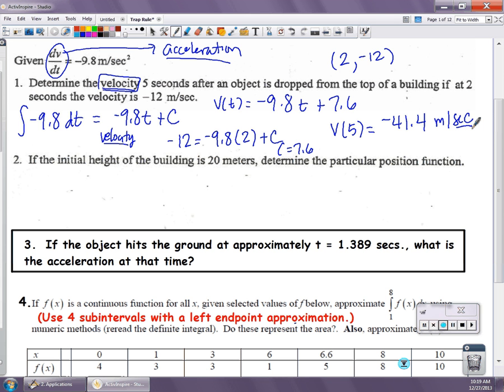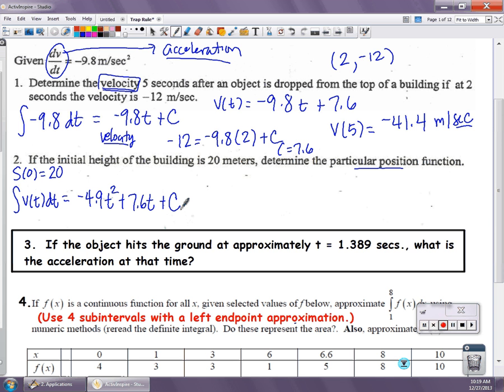Number 2, if the initial height of the building is 20 meters, so in this case they're telling me that position at time 0 is 20, determine the particular position function. So we're going to find the antiderivative of the velocity function that we found in the last problem, which would give me negative 4.9 t squared, just using the power rule, reversing that, plus 7.6 t plus c.